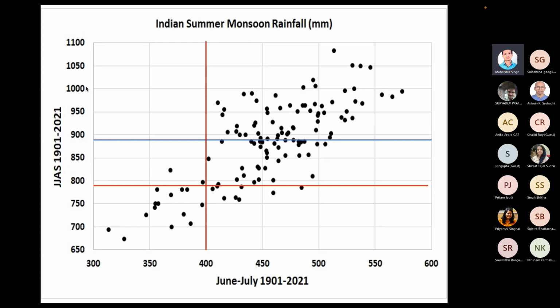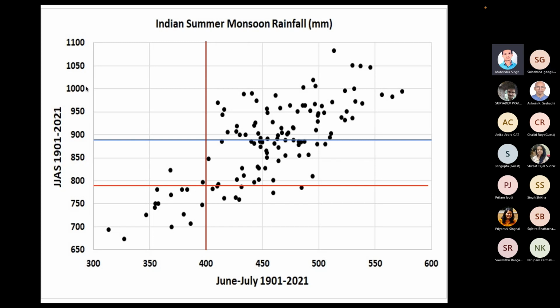As a matter of fact, I don't know, and this is purely from data, why, if the June-July rainfall is above 450 or 460, normal is guaranteed. What it means is that once the rainfall is above 460, there is enough soil moisture in the Indian land that the water vapor in the atmosphere above the land is sufficiently high to promote convection.